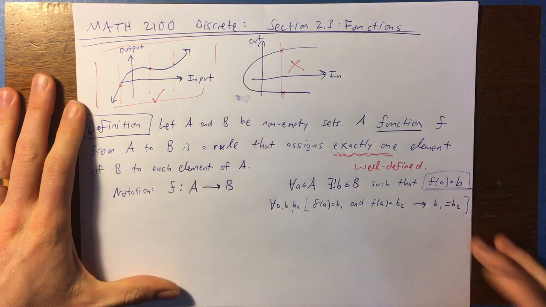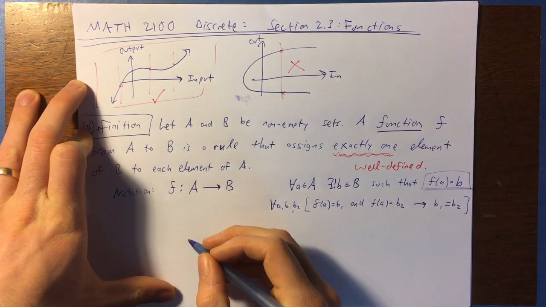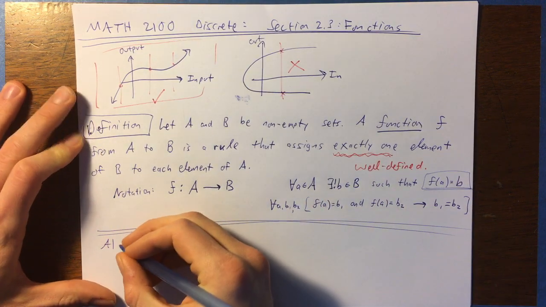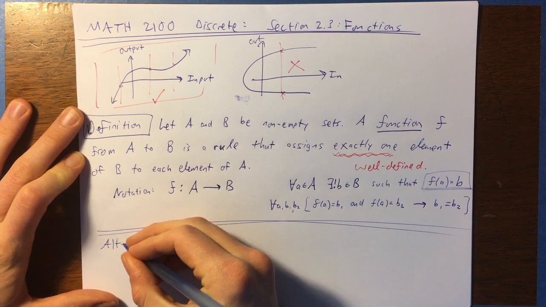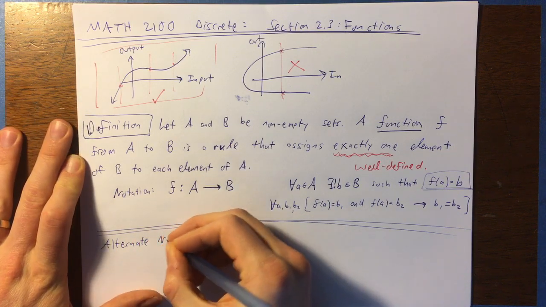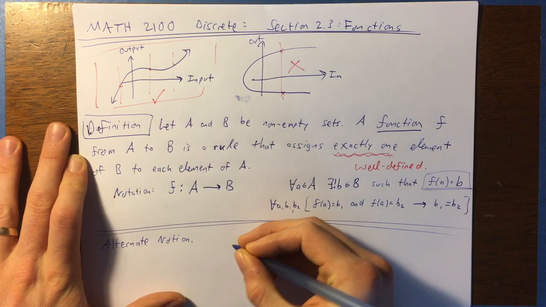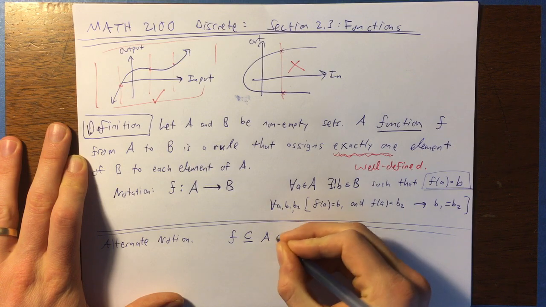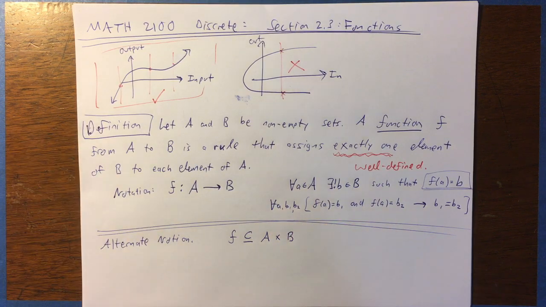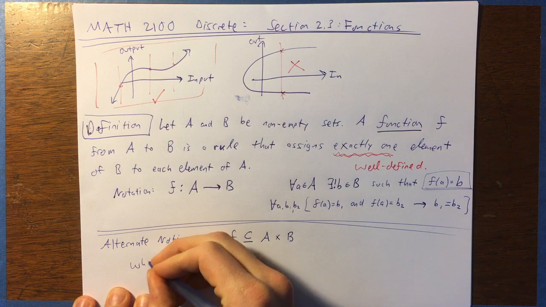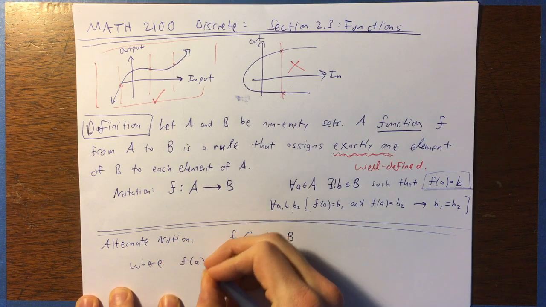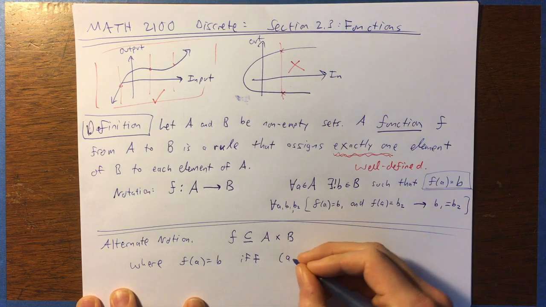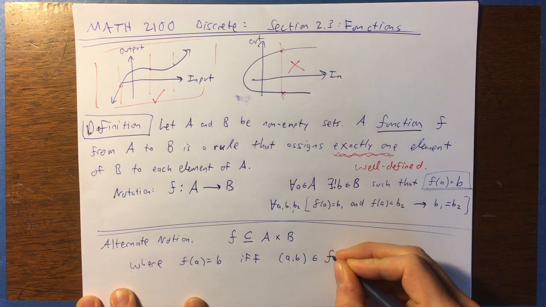I just want to wrap up this video with an alternate formulation of this idea of a function in terms of sets. You can think of a function itself as a subset of the Cartesian product of A and B, where essentially the idea of f of a equals b is synonymous with saying that the ordered pair (a, b) is an element of that subset.